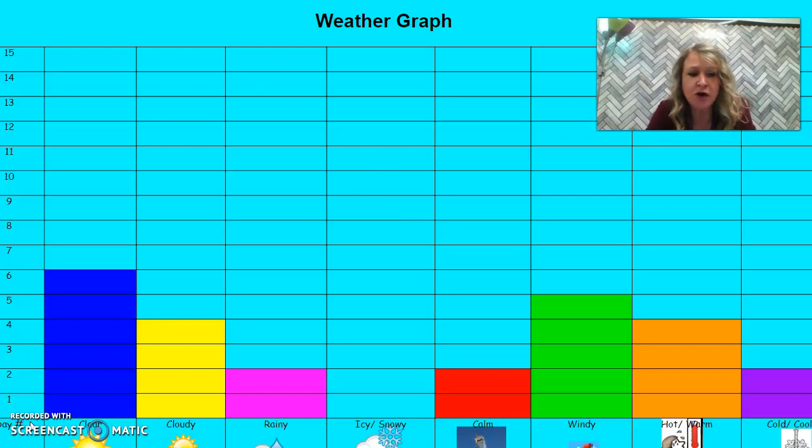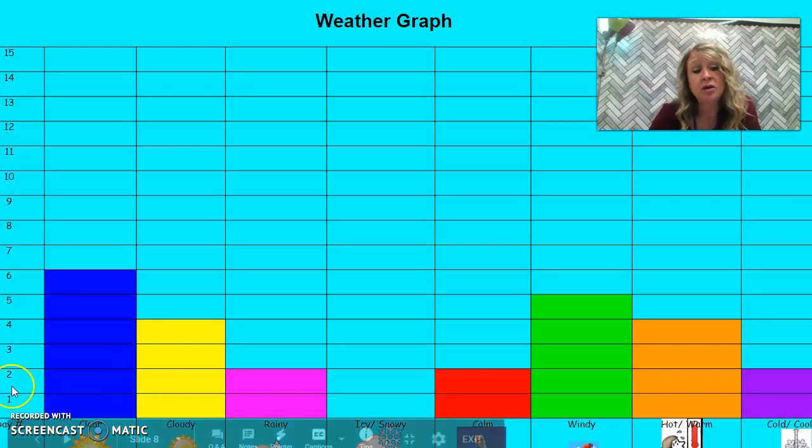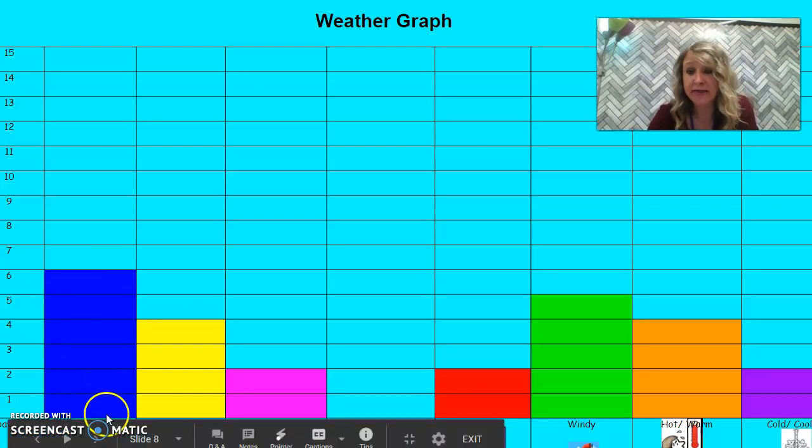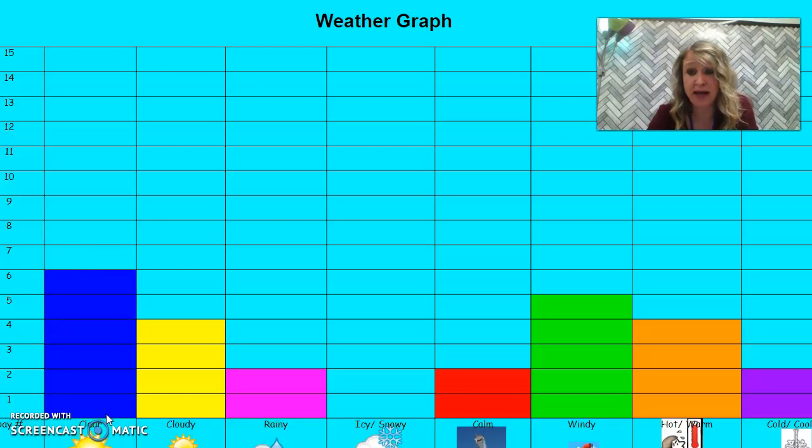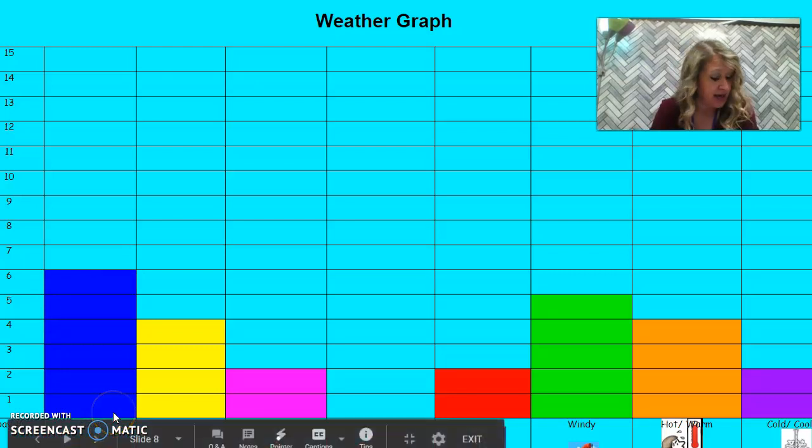So first of all, what kind of graph was our weather graph? Was it a picture graph or a bar graph? A bar type graph. Very good, because it's using small bars to count the days, the types of weather we had. Okay, next question. What is the title of this graph?